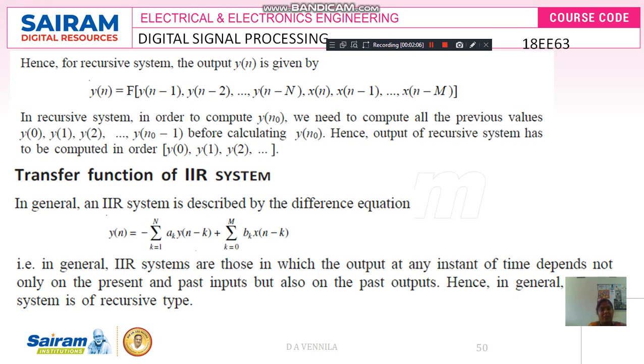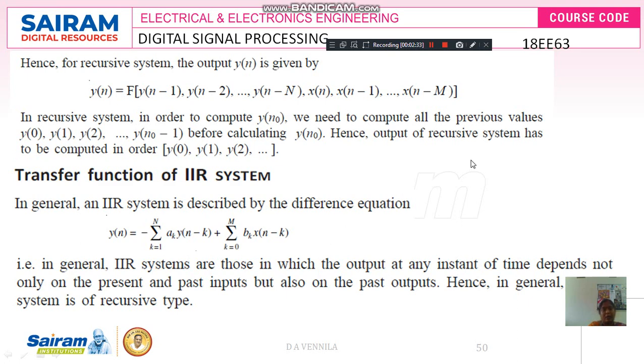The IIR system is described by the difference equation y of n equal to minus summation k equal to 1 to n ak y of n minus k plus summation k equal to 0 to m bk x of n minus k, where m and n are the number of zeros and number of poles.